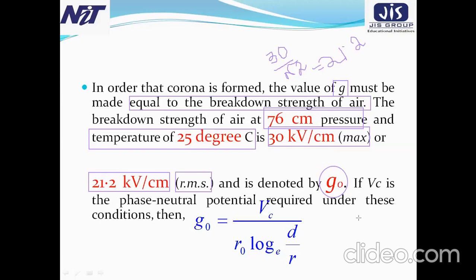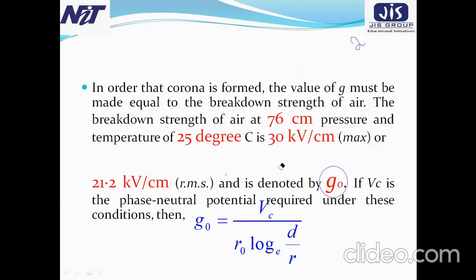Same thing, but here G converts to G0, V converts to Vc. So the previous equation is the same. In this way we can find the phase neutral potential required under this condition.